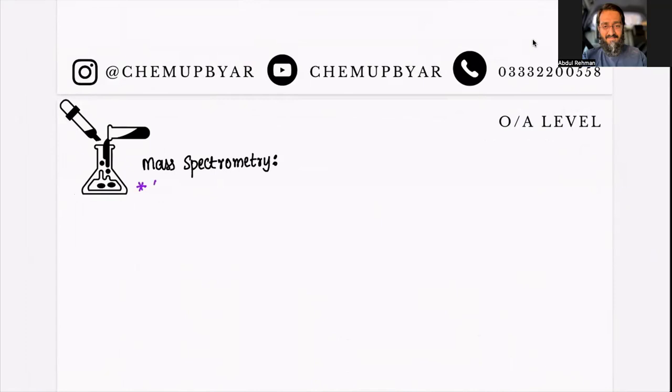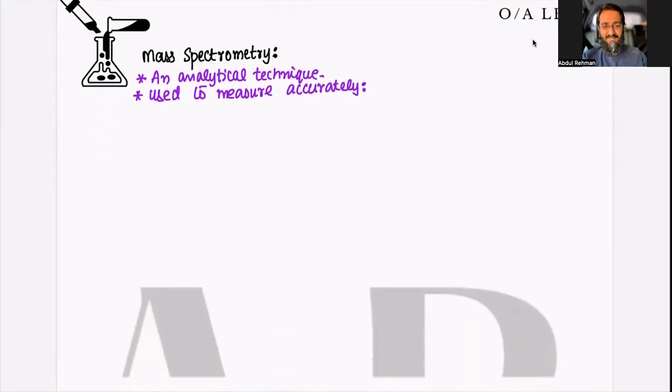So what is it? It is an analytical technique used to measure accurately two things which can be measured by it that are in our syllabus.